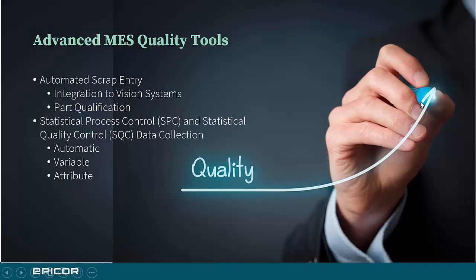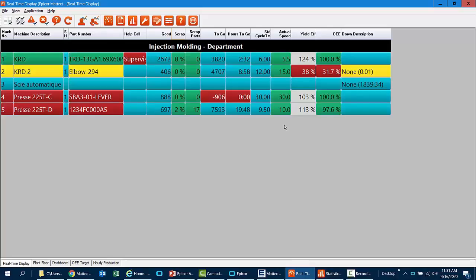So where I thought I would start is the real-time screen. So in this real-time screen, it's providing feedback on what's happening on the shop floor right now. So this is the current shift and how we're currently producing for the current shift. And the emphasis that I want to focus on are things like my scrap percentage, my scrap parts, and my processes and how they're performing.